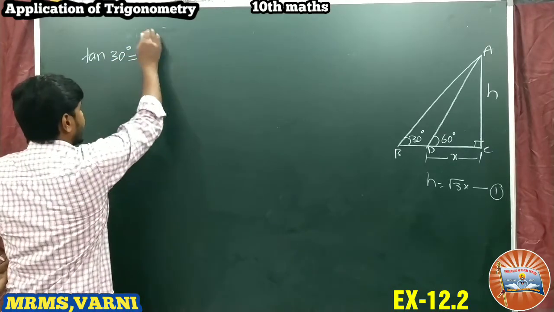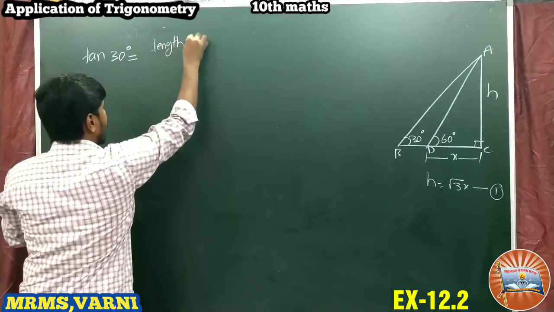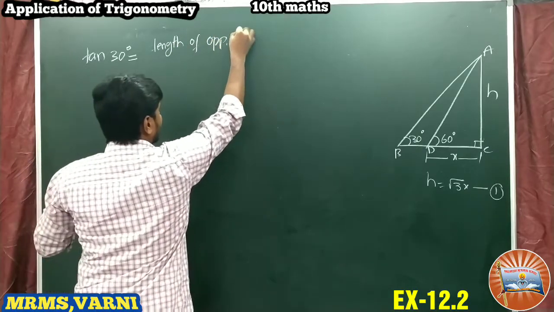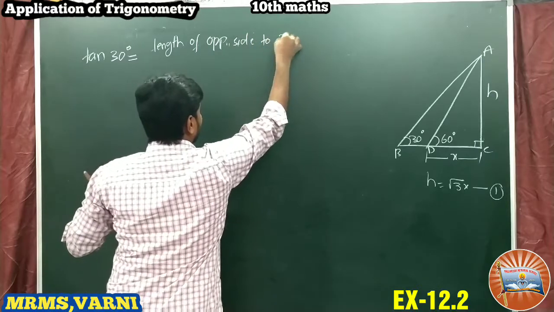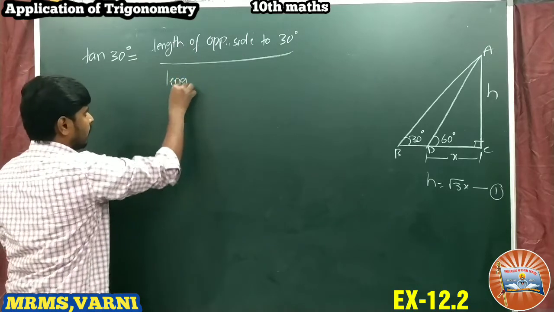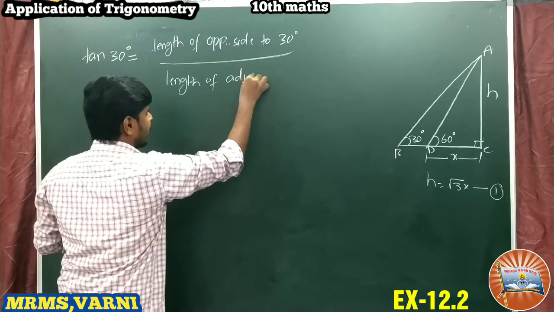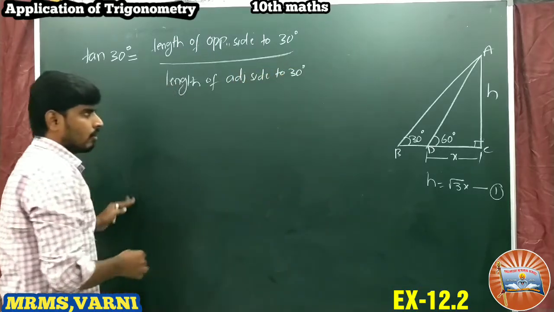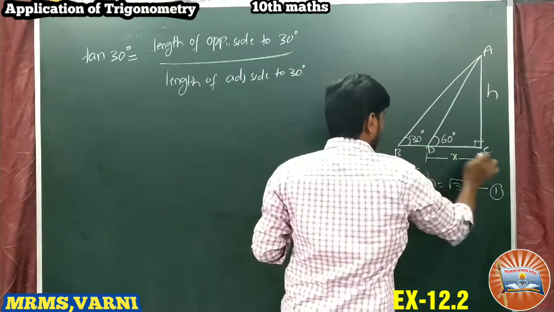First of all we have to write ratio, length of opposite side to 30 degrees by length of adjacent side to 30 degrees. So in which triangle we can see this? Here it is, ABC triangle.